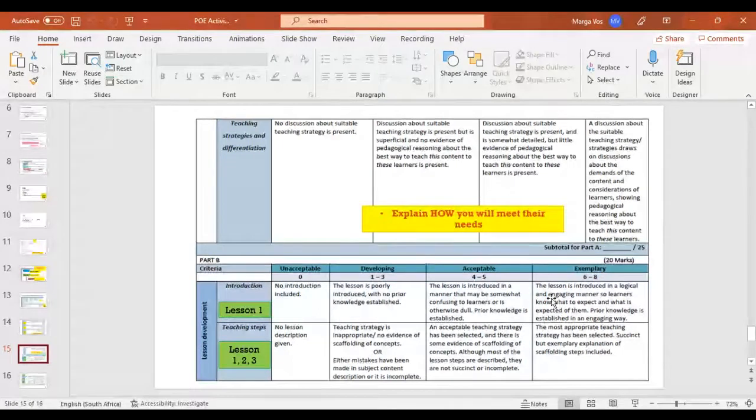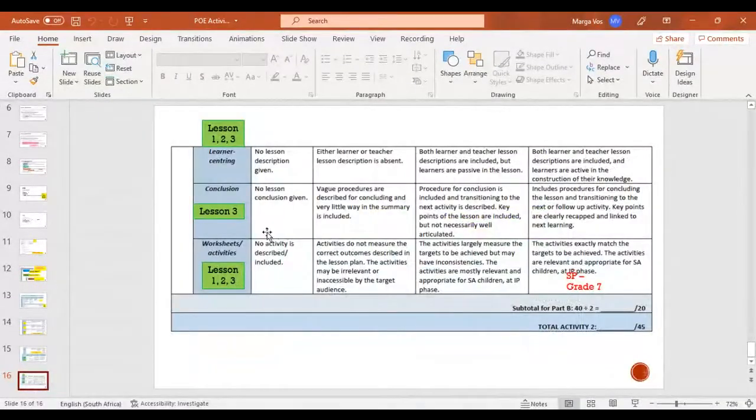An introduction is not applicable to the second and the third lesson because you have already established their prior knowledge about rate. And then in your conclusion, you don't have to include a conclusion for lessons 1 and 2 because they say key points are clearly recapped and linked to the next learning, which will be done in the third lesson because then you will tell them what they will do in the next lesson after this whole long hour-and-a-half lesson.